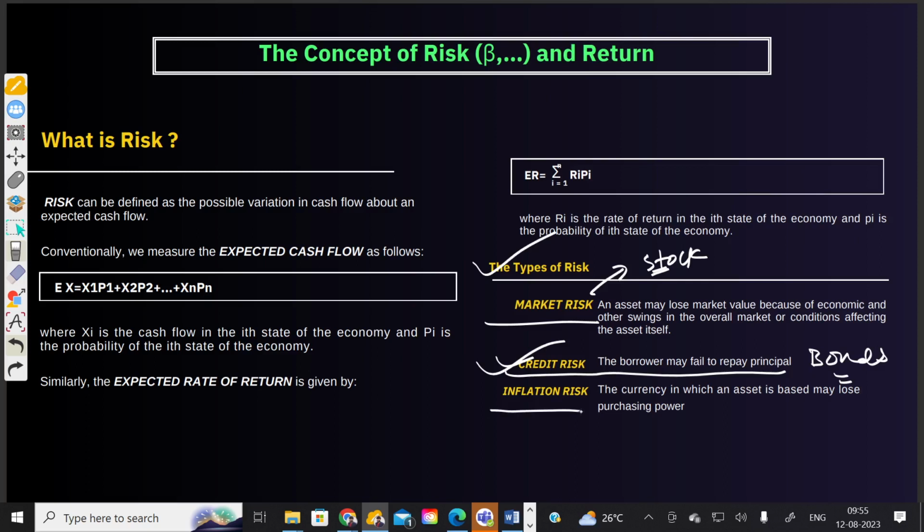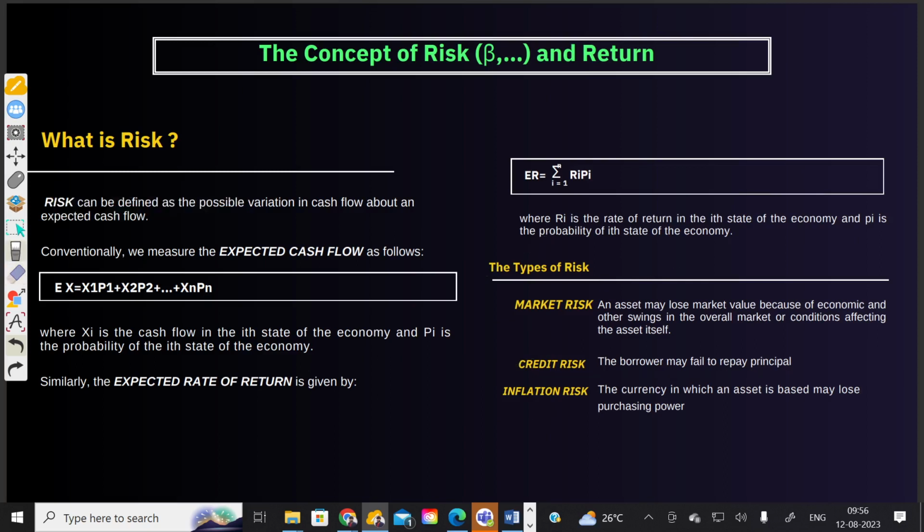And what about inflation risk? The currency in which an asset is based may lose purchasing power. Inflation has been in the news, and still is across the globe. Why? Because the inflation rate is very high in the US and UK markets, especially in the US market.